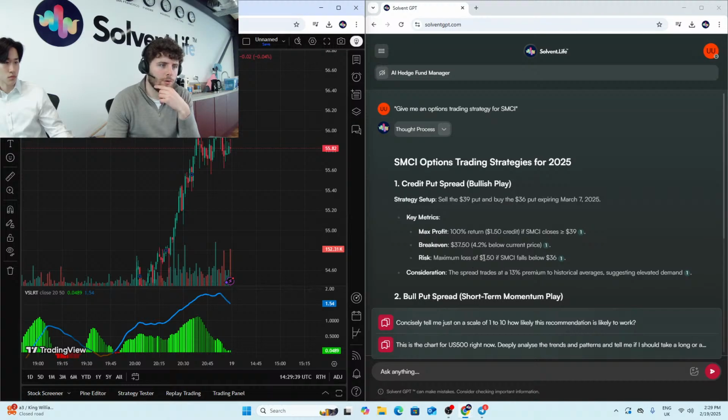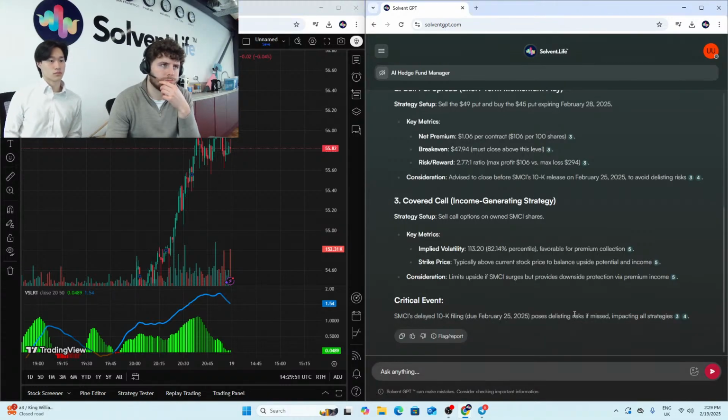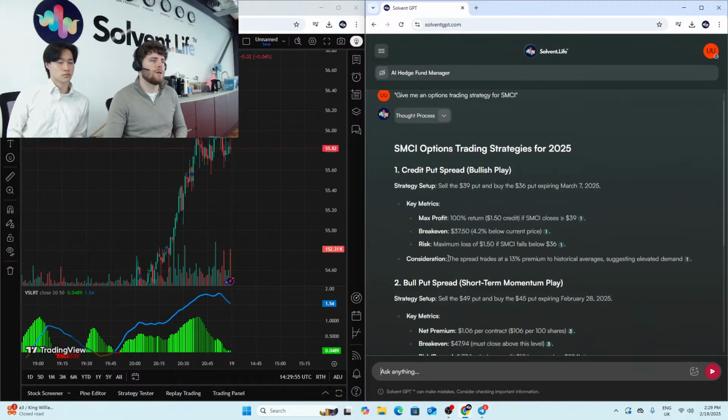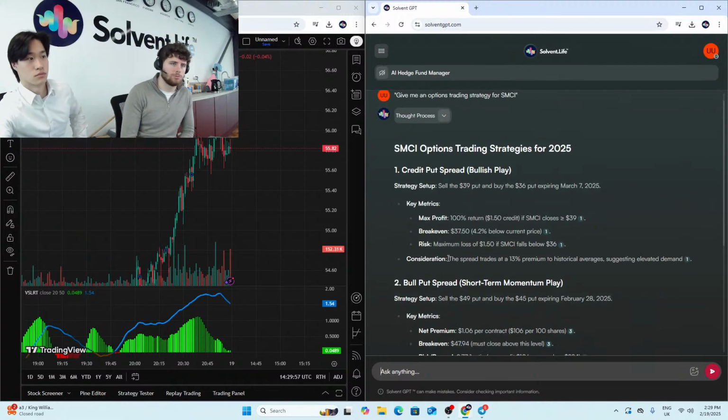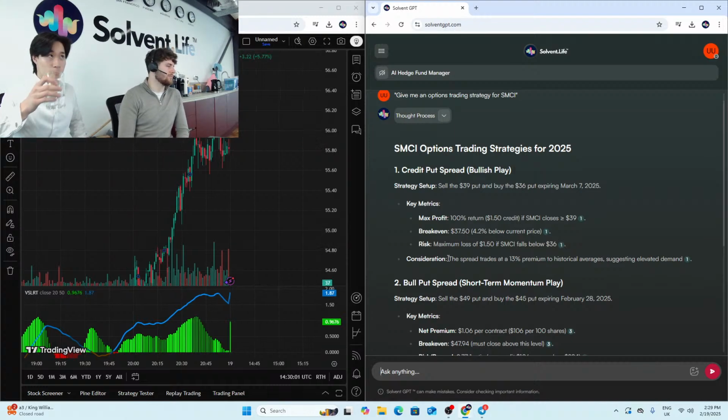Maximum loss of $1.50 if Super Micro Computer falls below $36. Fantastic. So some very interesting options trades that we could go forward with and potentially place, make some returns with.